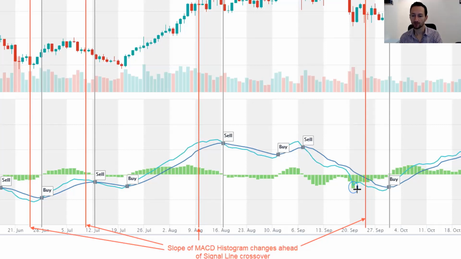The bars were basically rising again, still in a negative, but improving from the low here, indicating potential positive or bullish inflection in the momentum of the price. So if we listened and looked at the histogram inflection, which is indicated by the red line here, we would have gotten into the trade sooner than if we had waited for the actual crossover signal.